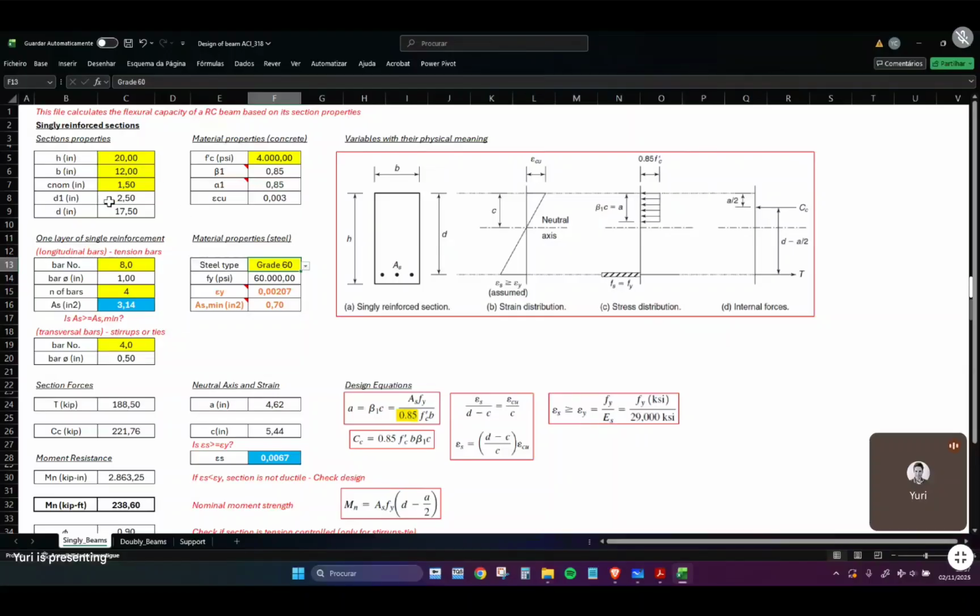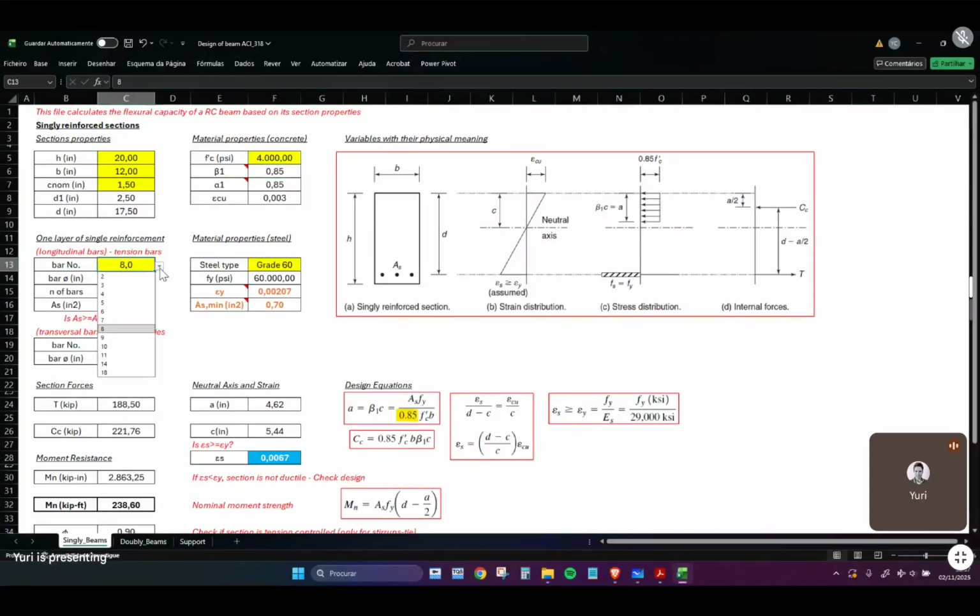Here I put a nominal cover. You can change that if you like, or you can also change the d here. I also put here the coefficients beta 1 and alpha. If I change, for example, 5000 KSI or 9000 KSI, it recalculates both. So you can also change that if you like.